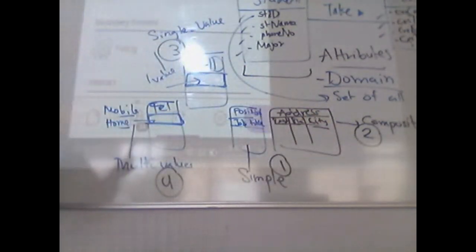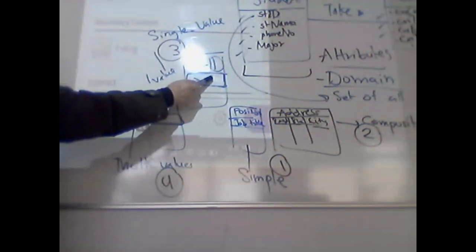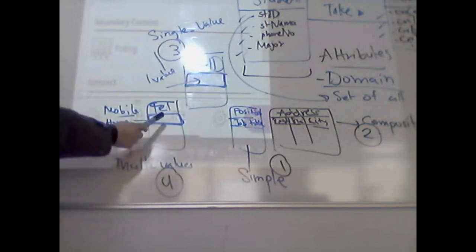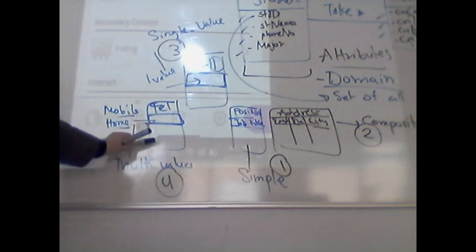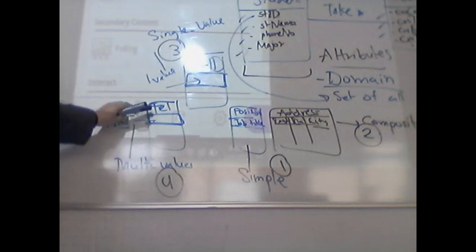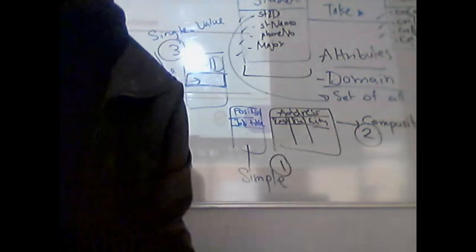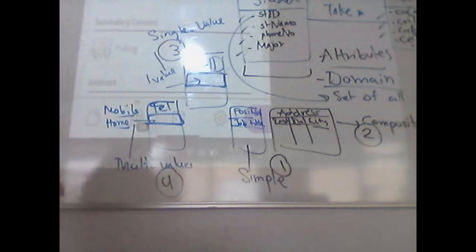Talking about the single value and multi-value, the single value attribute will be holding one value only, while the multi-value will be holding more than one value. For example, like telephone number. So telephone number can accept home or mobile. All right. So this is the point.